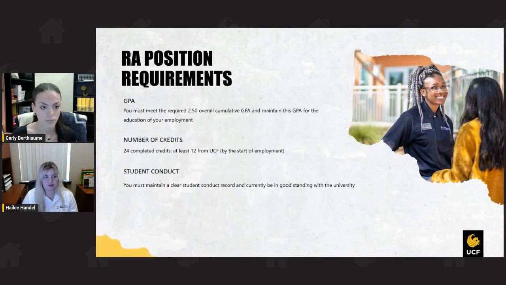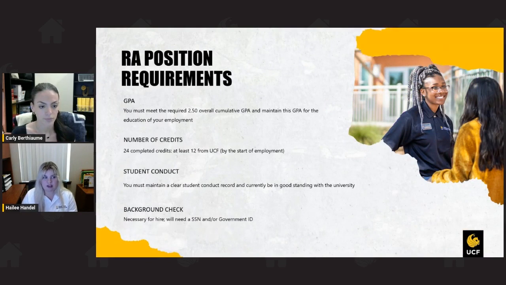Starting off, the RA position requirements: we have a GPA requirement of a 2.5 overall cumulative GPA, and you must maintain this GPA for the duration of your employment with our department. For number of credits, we require that you have 24 completed credits by the time you start the position. That does not mean you have to have 24 completed credits by the time you apply.